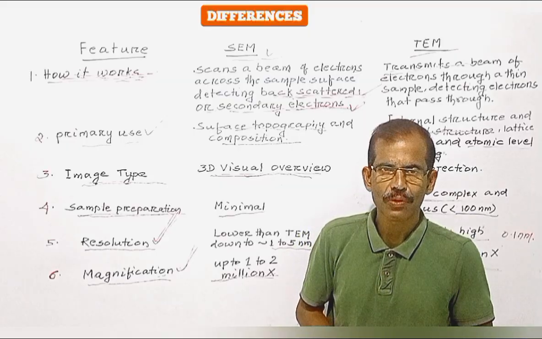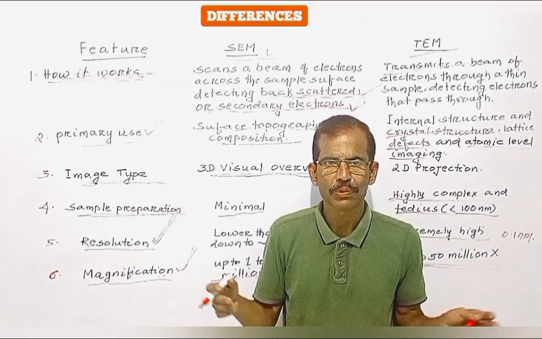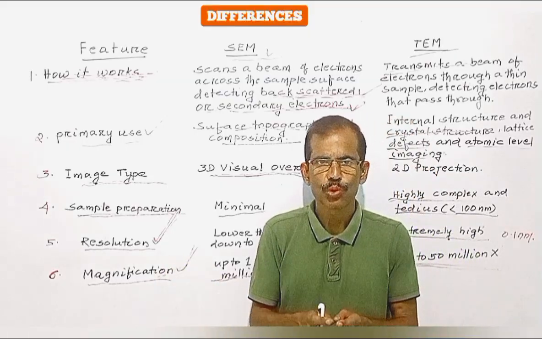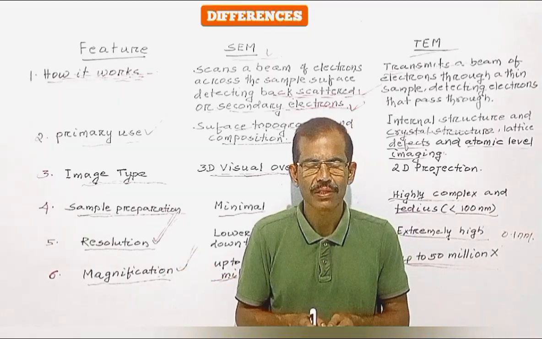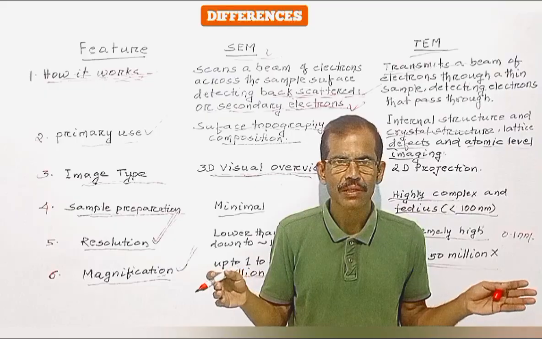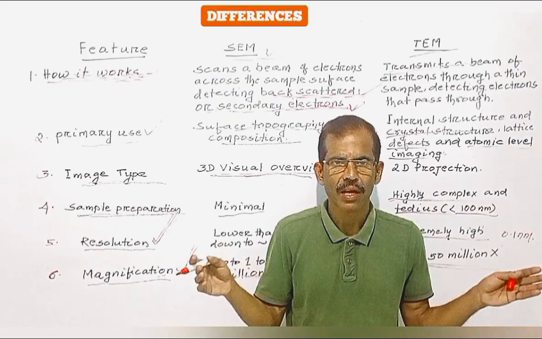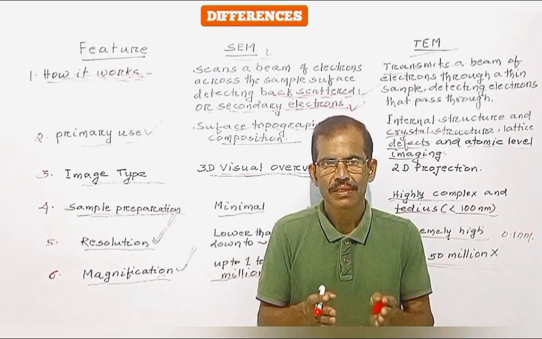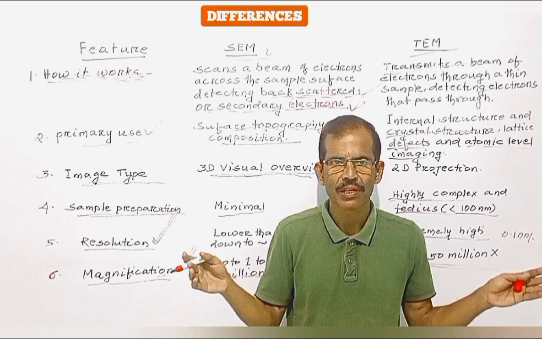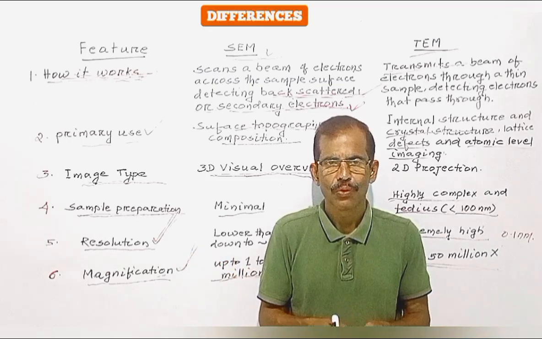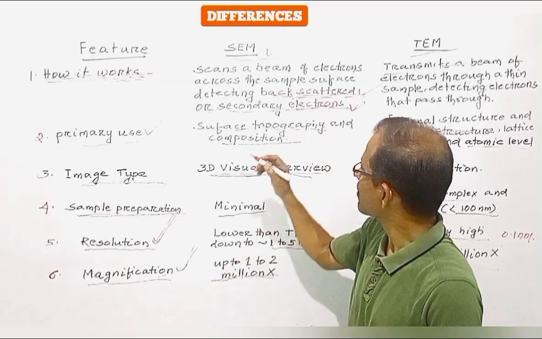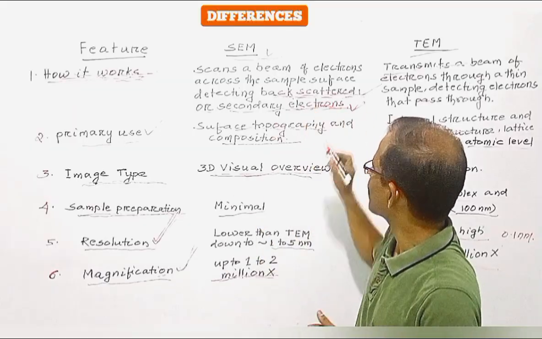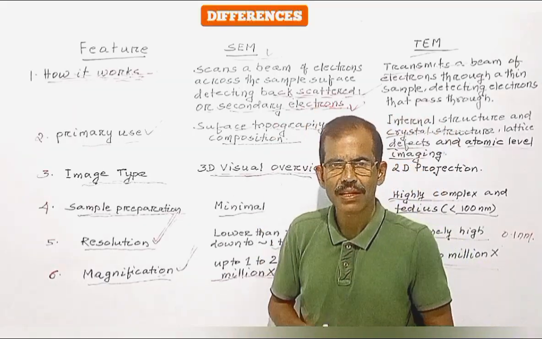Scanning electron microscope with the help of scanning coils sweeps a beam of electrons across the sample surface in a systematic line-by-line rectangular pattern. Such type of scanning is known as raster scanning, which generates two types of signals. Number one, secondary electrons, and number two, backscattered electrons.